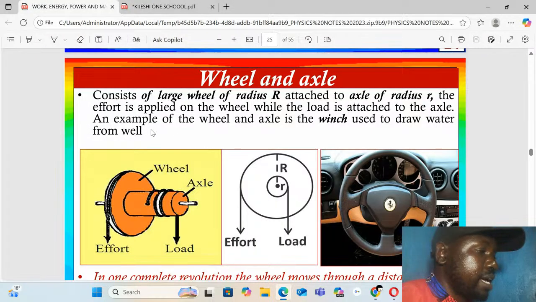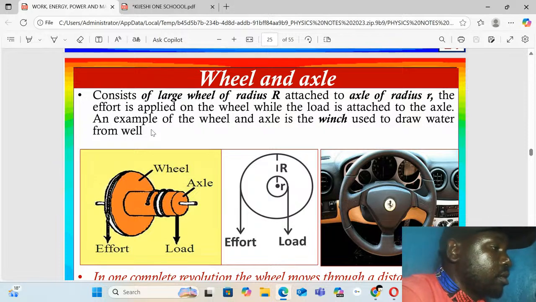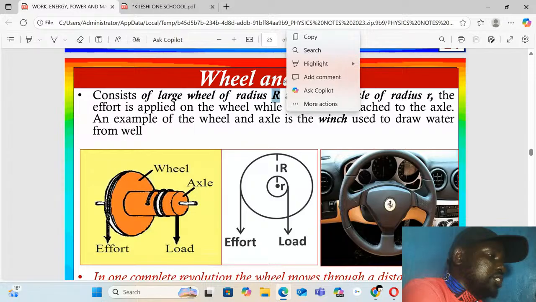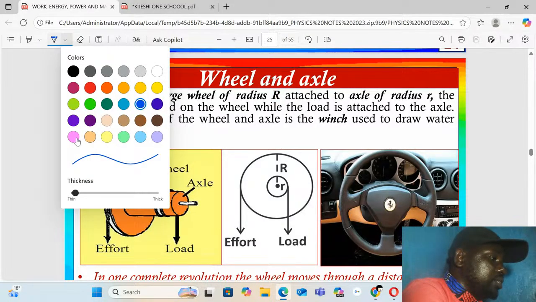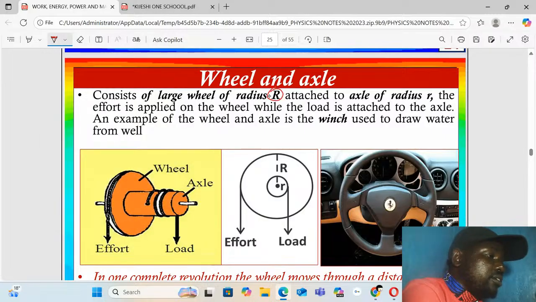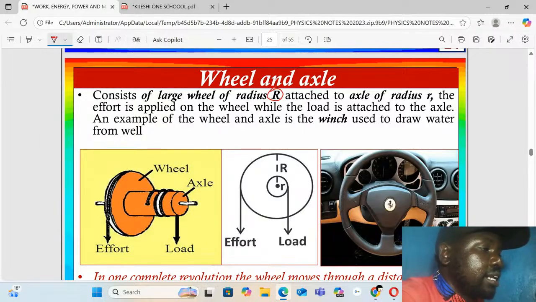So here we have the wheel and the axle. It consists of a large wheel of radius capital R attached to an axle of radius small r.